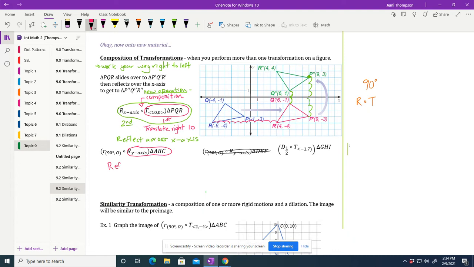So I'm going to reflect across the y-axis first. And then I would work my way out.